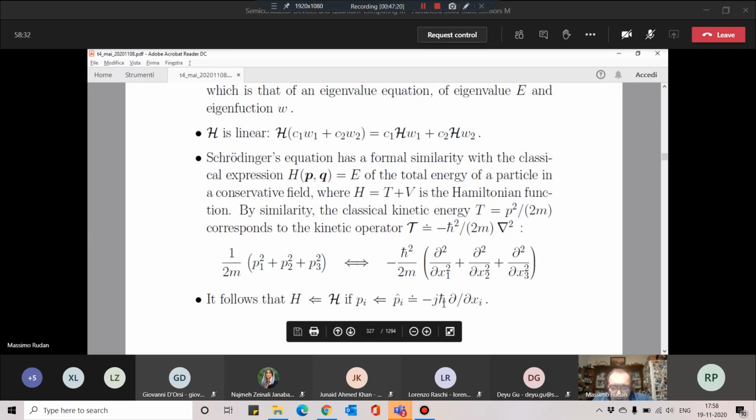Then h bar times another h bar gives you h bar squared, and minus j times minus j gives you minus 1, whence the minus that you find here. So this is the formal way to transform the classical Hamiltonian function into the quantum operator that is the Hamiltonian for our particle. This can also be generalized, that we shall see with some examples.